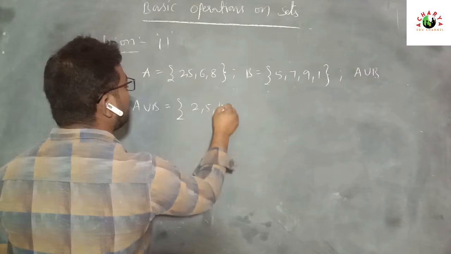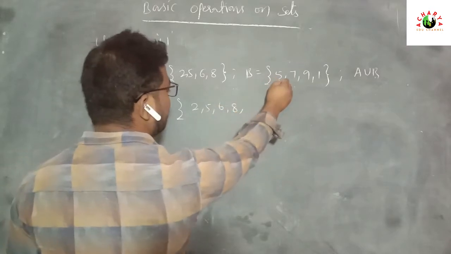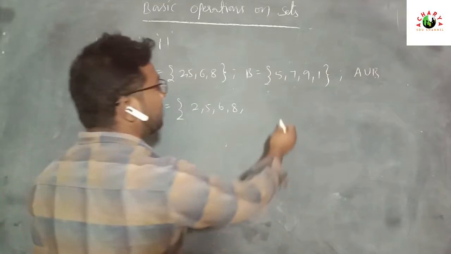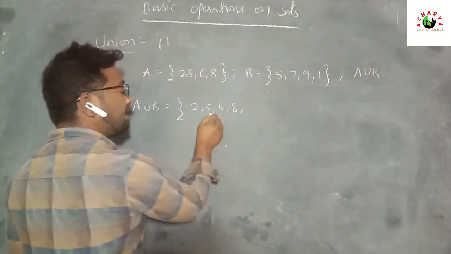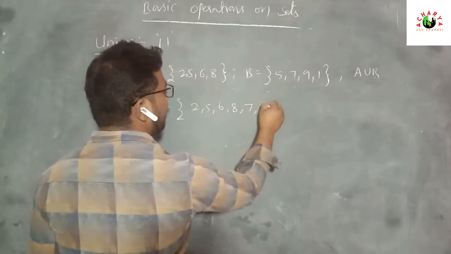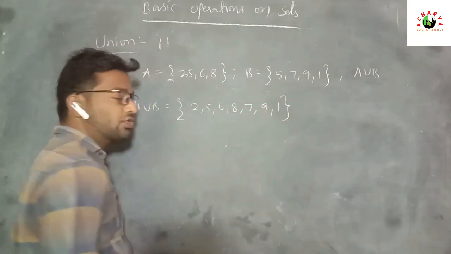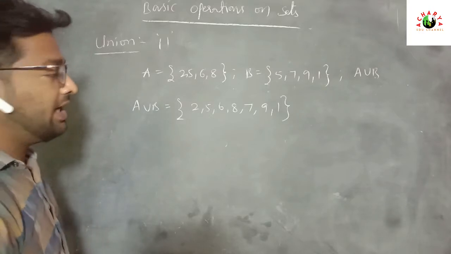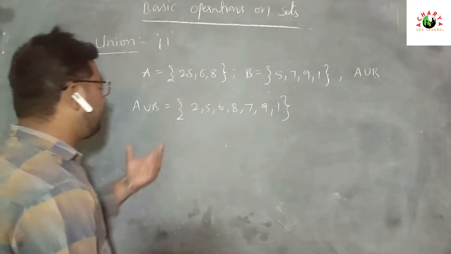Next, in the B set, the first element is 5. We should not write the element 5. Why? Because 5 is already there. Next, 7, 9, 1. So 2, 5, 6, 8, 7, 9, 1.